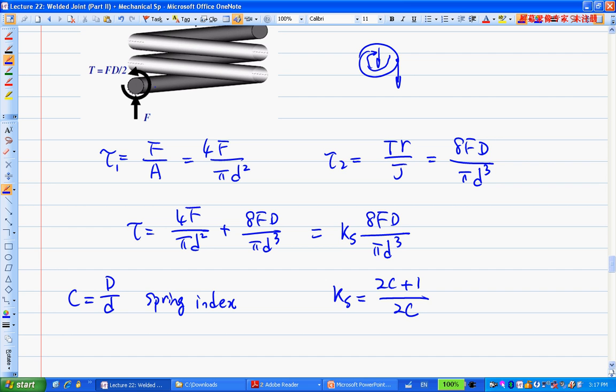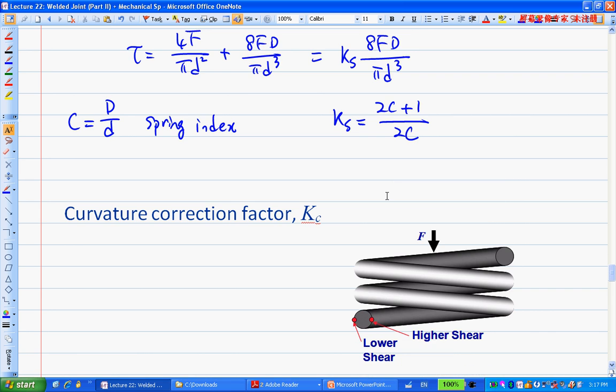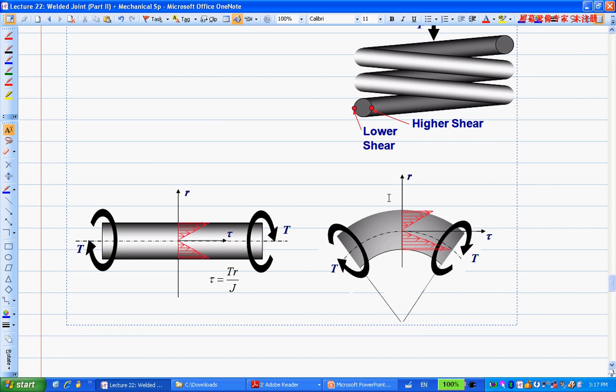The spring, it's not a straight one; it's curved, right? Everywhere is curved. So this formula does not correctly describe the shear stress distribution, basically. So here's the diagram, okay, showing here. For a straight one, that's good, like this, right? But for a curved one, as you can see, one side is bigger and the other side is slightly smaller.